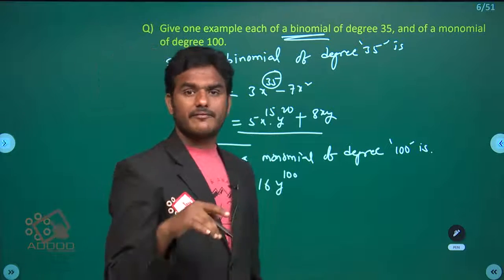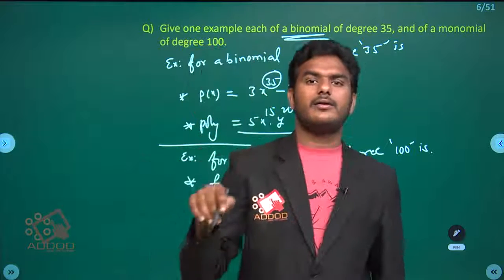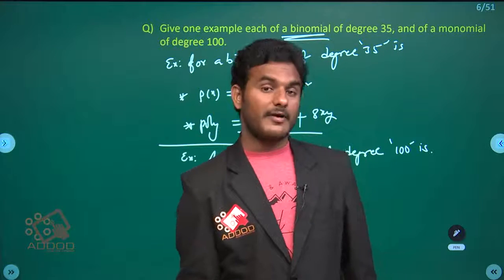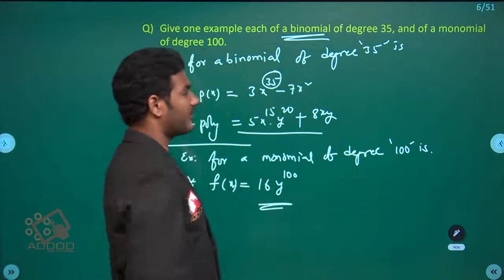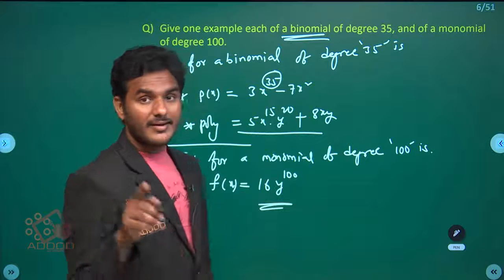Anything you can take, or x power 40 into y power 60. Like that you can also write any example. That is your wish, but it must be a monomial which has the power 100.